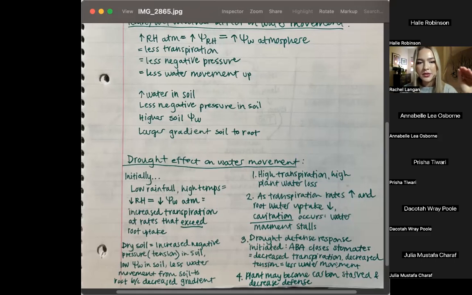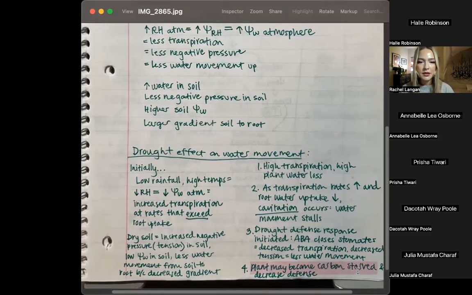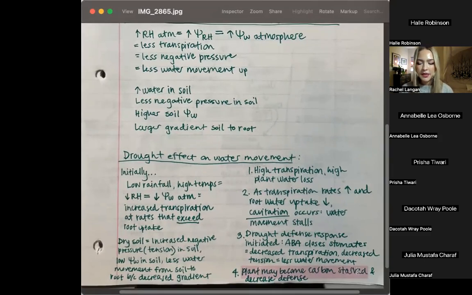As we close those stomates by ABA, there's another effect that may happen, which is that plants may become carbon starved. Because plants take in carbon from carbon dioxide through their stomates. If you close them, they might not get enough carbon in. If you don't get enough carbon in, you're decreasing photosynthesis. Photosynthesis is needed to make sugars that are then used for cellular respiration and ATP.